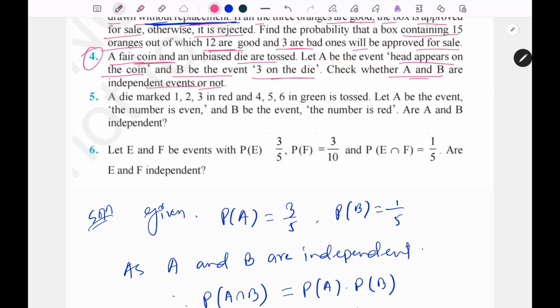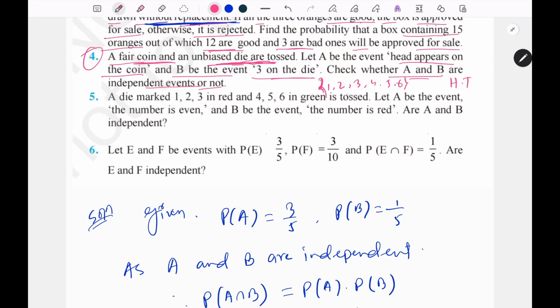What will be the sample space? A fair coin and an unbiased die are tossed. If you toss a coin, either head or tail will occur, and if you roll a die, then either 1, 2, 3, 4, 5 or 6 will occur. Out of this, any one can occur.